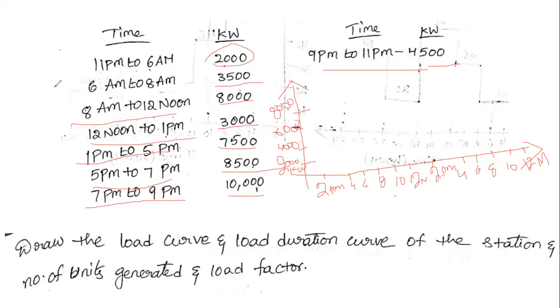First of all, 11 p.m. to 6 a.m. is 2000 kilowatts. Sorry, 2000 kilo.